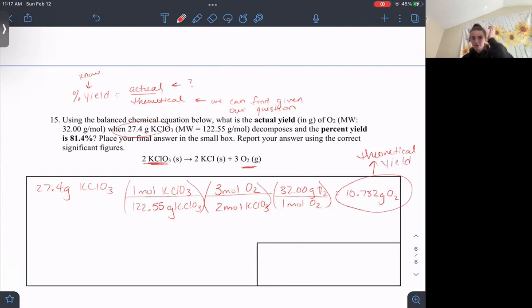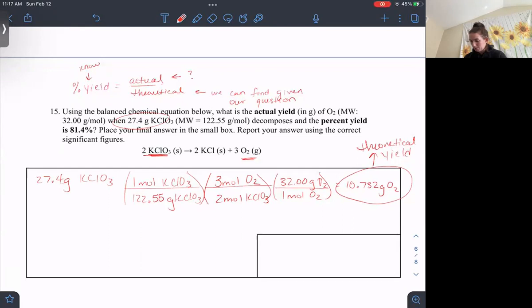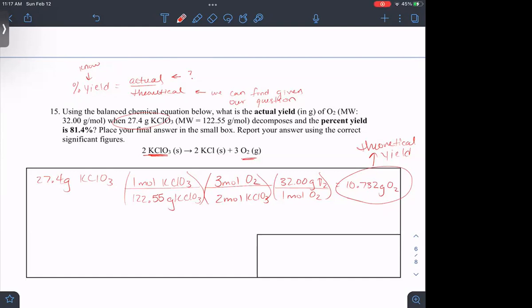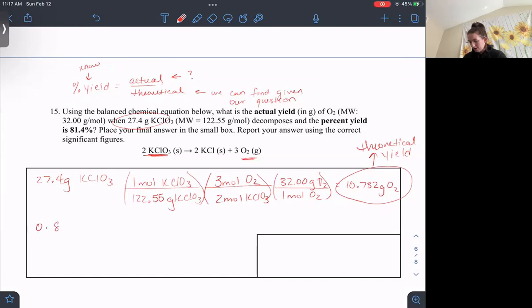We're going to use our theoretical yield in our percent yield equation. So we're going to say percent yield. What do I plug in for percent yield? 81.4 or 0.814? 0.814. Awesome, right? We'll have 0.814 is equal to X, because we don't know what our actual yield is, over 10.732 grams.